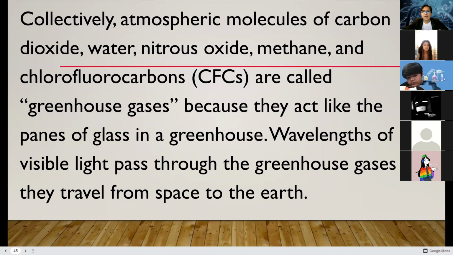Collectively, atmospheric molecules of carbon dioxide, water, nitrous oxide, methane, and chlorofluorocarbons are called greenhouse gases. These are the greenhouse gases, okay? Because they act like panes of glass in a greenhouse. Have you seen a greenhouse? No. Okay.